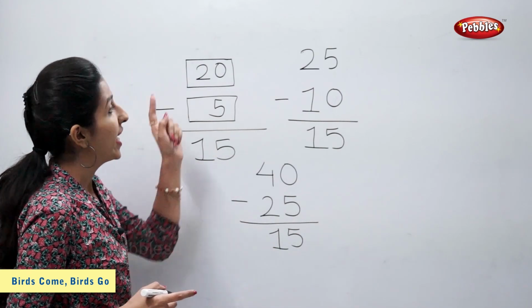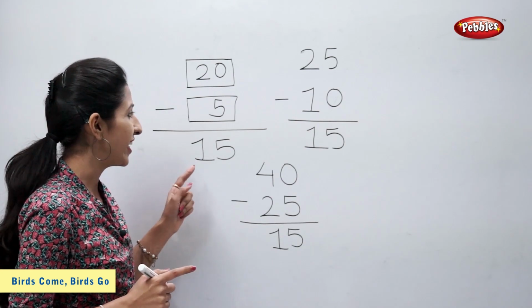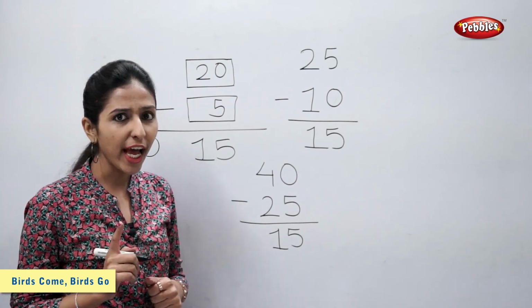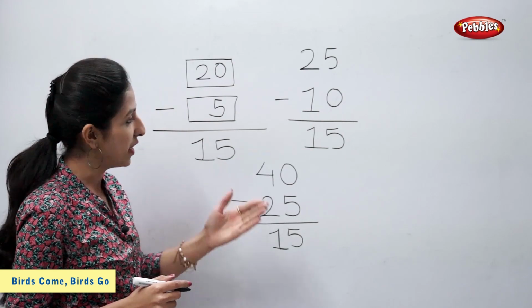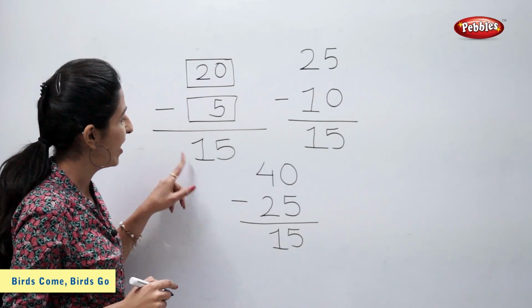So finally, answer of all these combinations is 15. So students, I have used various numbers to get a particular number, that is 15.